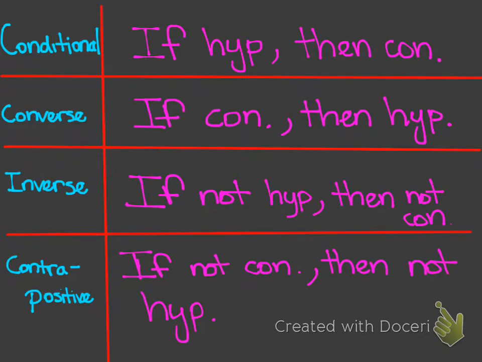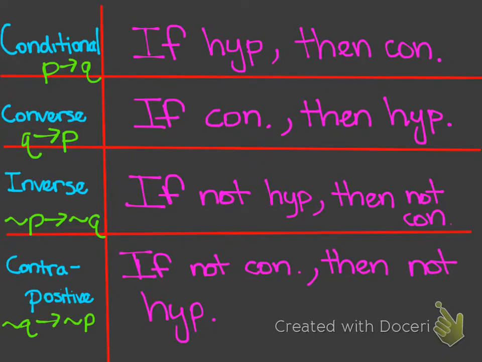So here's a little table I thought would be helpful to you that just lists out the conditional, converse, inverse, and contrapositive and what they are. I'm going to add the symbols into that real quick. So conditional is if P then Q. Converse is if Q then P. Inverse is if not P then not Q. And a contrapositive is if not Q then not P. And remember, for each and every one, you're going to need to determine the truth value.